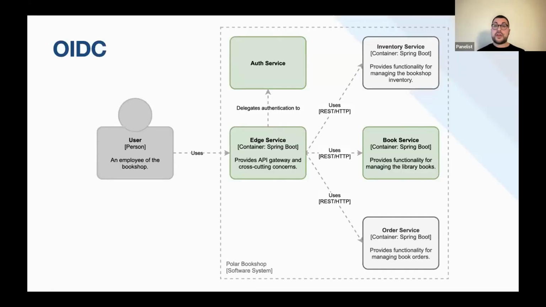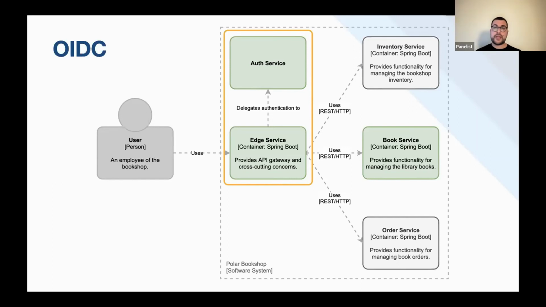So if we consider the authentication part first, we can use OpenID Connect so that Edge service initiates the authentication flow, but then the actual authentication step is delegated to an authorization service. That could be Keycloak, Google, Twitter, GitHub, or the brand new Spring Authorization Server.